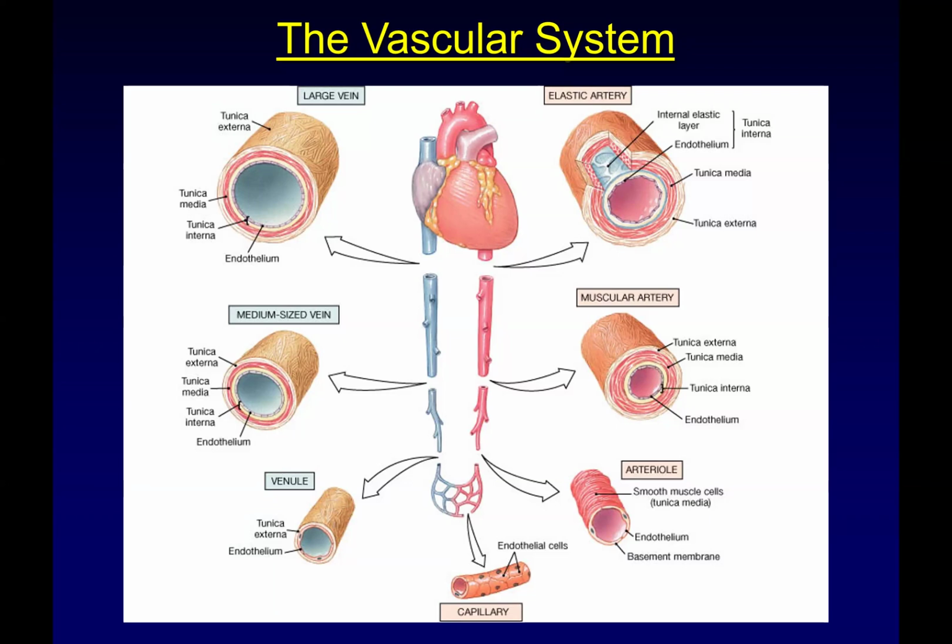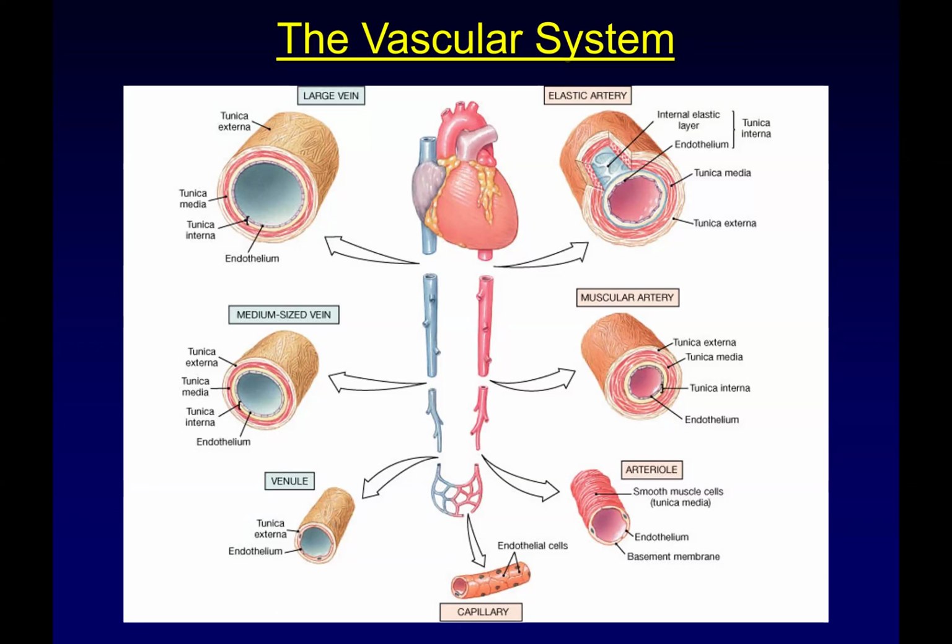Having that smooth muscle allows us to contract the smooth muscle and make the artery squish down like this, or the arteriole squish down like this, or we can relax the smooth muscle and the artery will widen out.